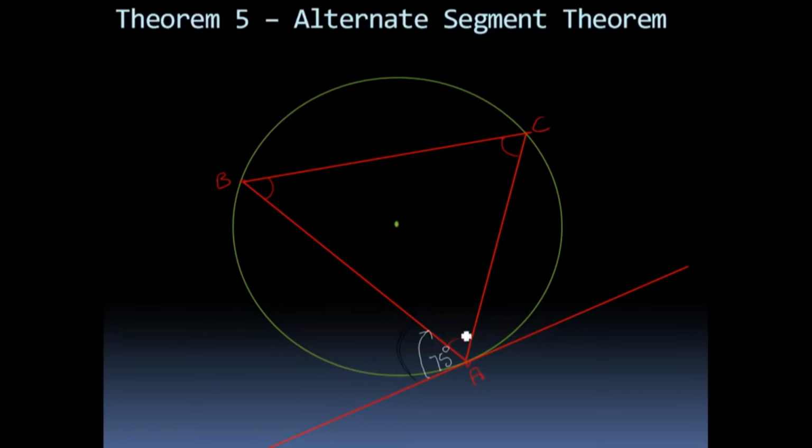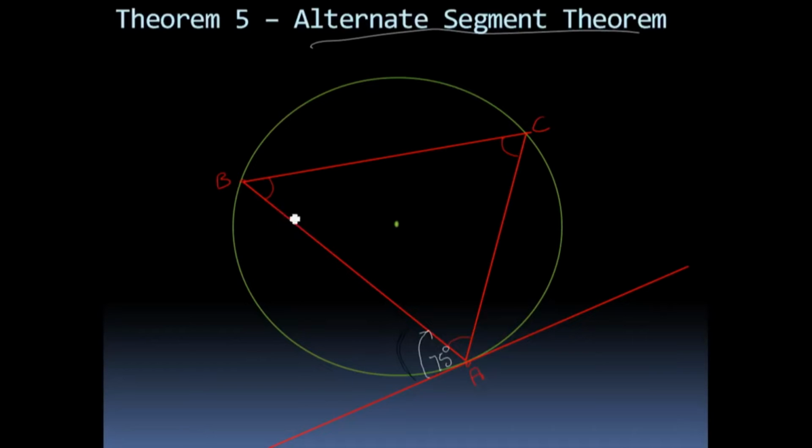Can we determine the angle B, C, or angle A? Well, based on the alternate segment theorem, we learned that the angle between the tangent and the chord, so this is a chord AB, from point A to point B. The ends of this straight line touch the circumference. The angle between tangent and chord is 75. We learned that this angle is equal to the angle in the alternate segment.